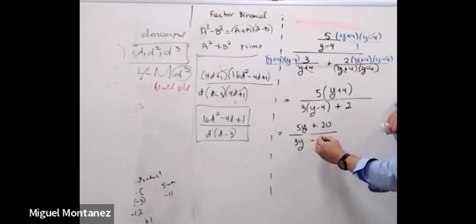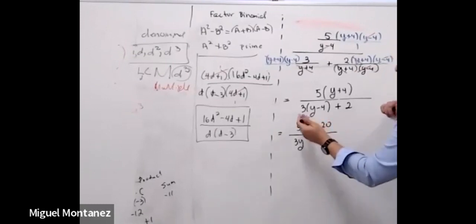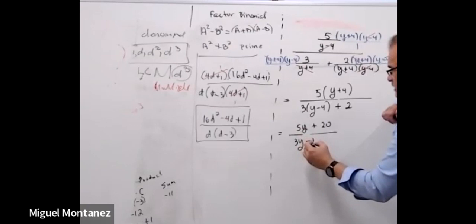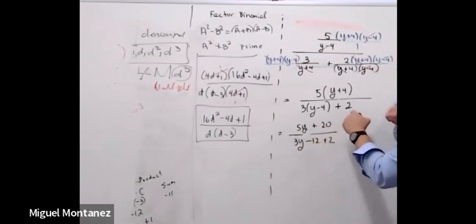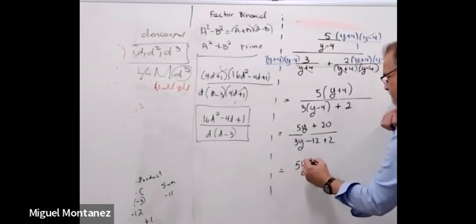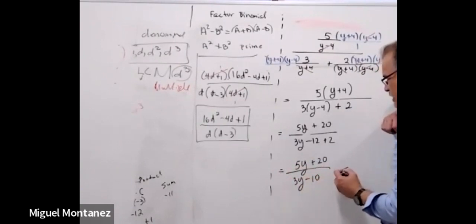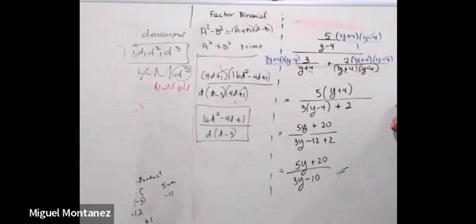Plus 2, that will be minus 10. Of course, I'm tempted to simplify 20 over 10, that would be 2. But no, we cannot do that. Why not? We can only simplify factors, not terms. They are connected by plus or minus, so we don't simplify those.